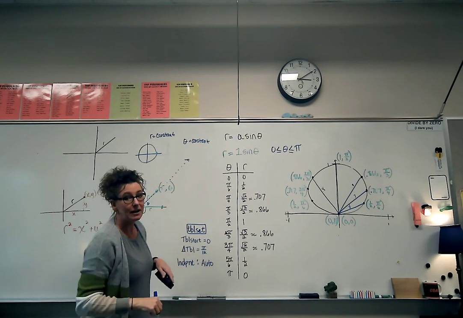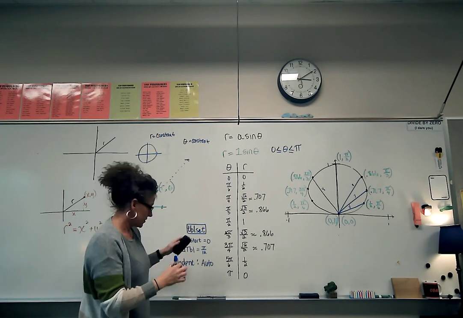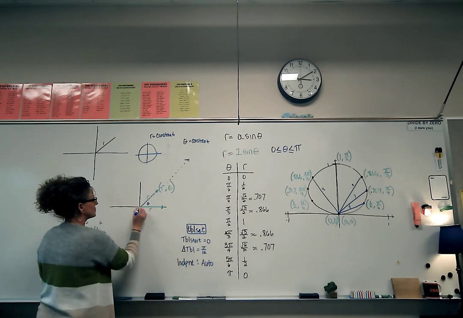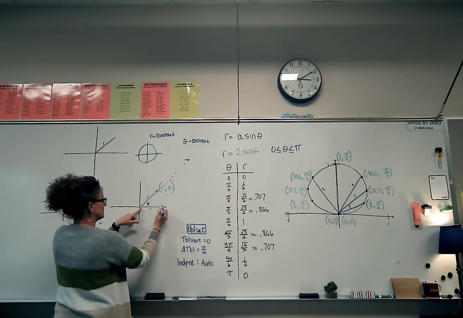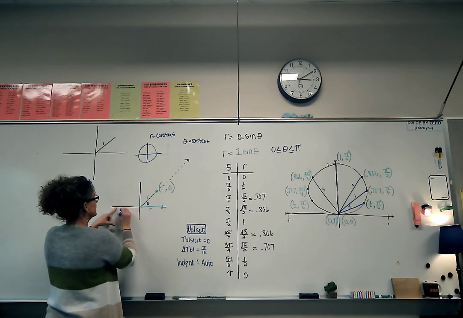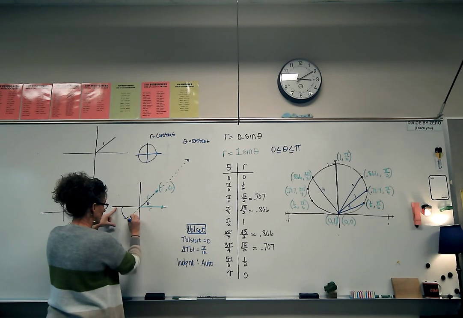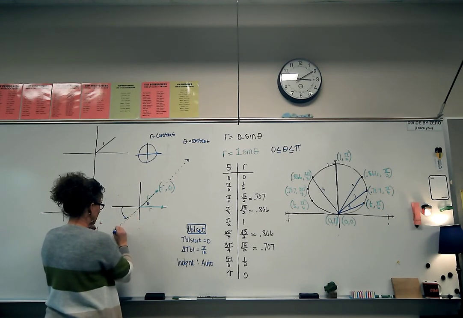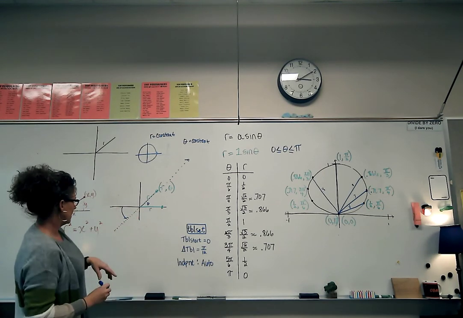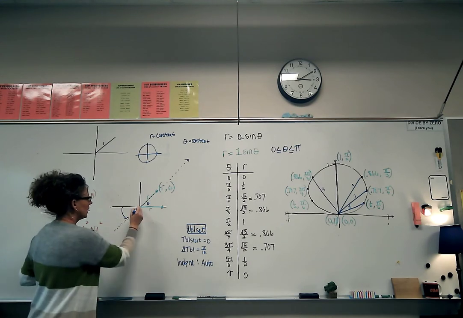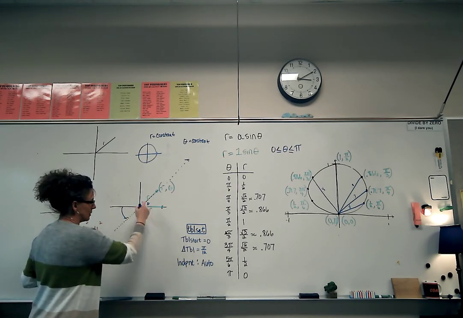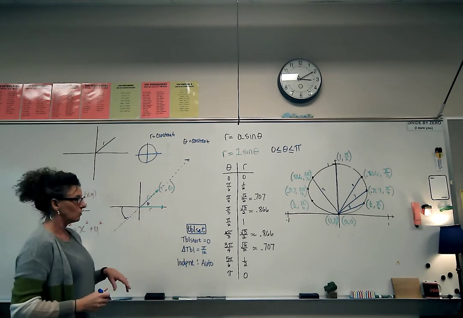Or R could be negative, and I could have a theta measurement. So if R is negative, think about same distance, come out here, same theta measurement. R can be anything. I can come out -1 and do a theta rotation, the same as up here. R could be -2 theta rotation, same as up here, and so on.